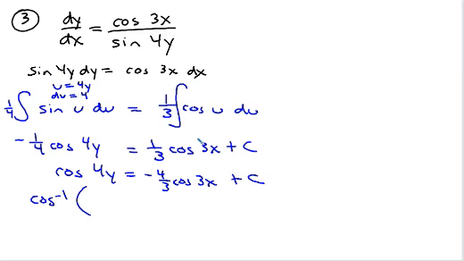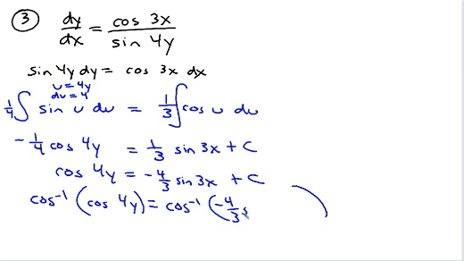So we're going to take the inverse cosine of both sides and just caught over here on the right-hand side, this should be a sine. Sorry about that. So we're taking the inverse cosine of that whole crazy thing. And what that does on the left side over here, that leaves me with just a 4y. The inverse cosine of the cosine of something is just the argument.